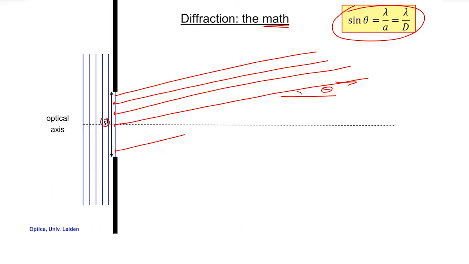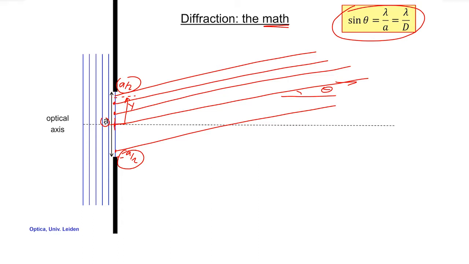We label these point sources within the slit, these secondary sources, by their position y inside the slit, where the source at the top is at position a over 2. a is the diameter of the slit, and the point at the bottom is at position minus a over 2, at least if we define y equals 0 as the center of the slit, which is the most convenient.